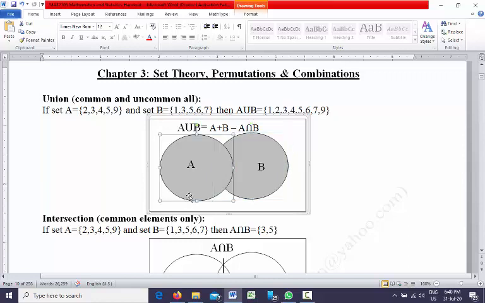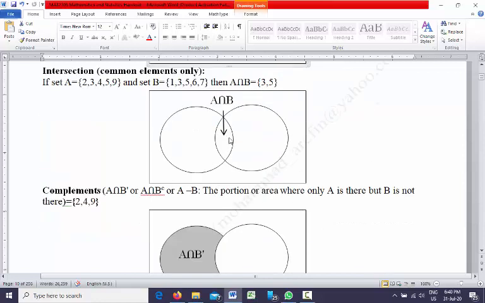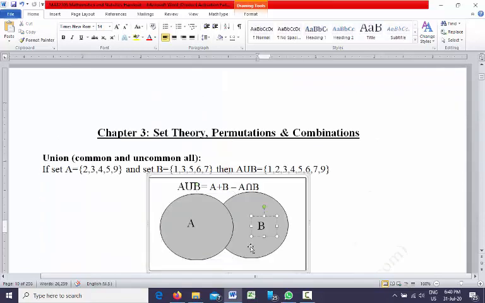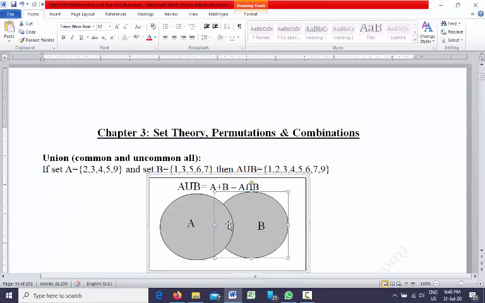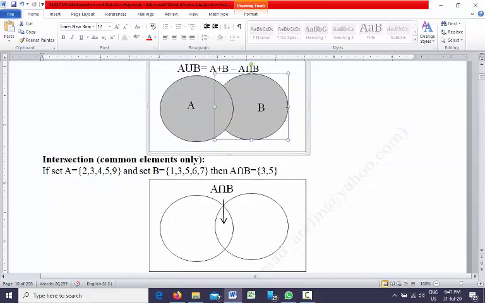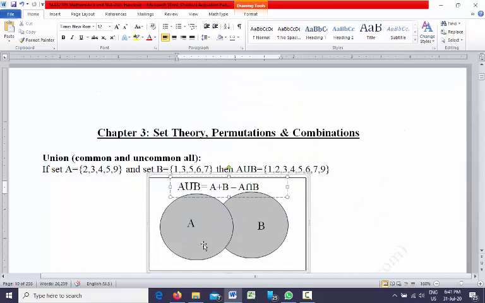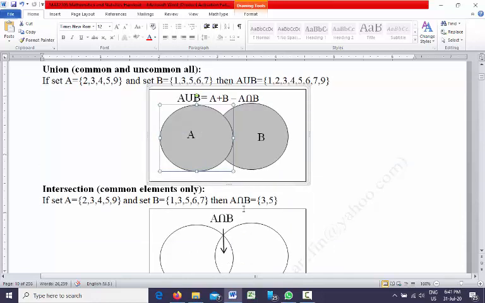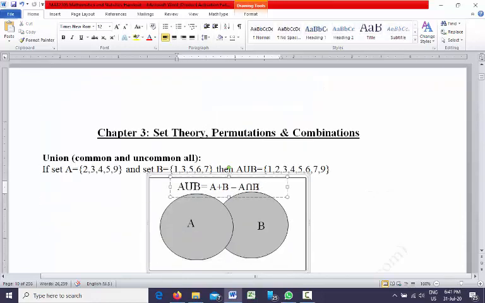I'm repeating, when you add this circle, you are already considering this full area, that means you are considering this area as well, that is A intersection B. Again, when you add circle B, you are also adding the common part, that is A intersection B. So A intersection B will be added twice, but we need only the common part once. So we need to deduct A intersection B.